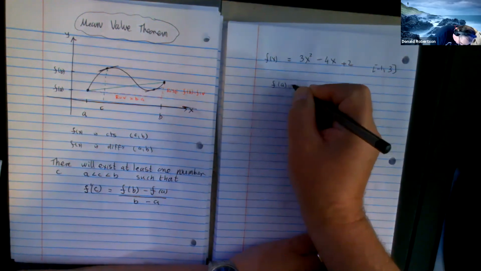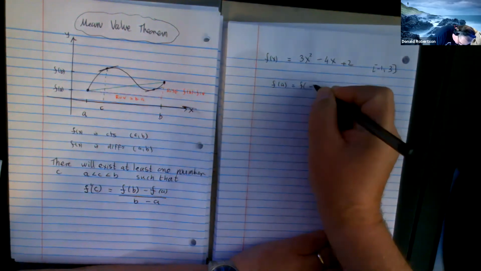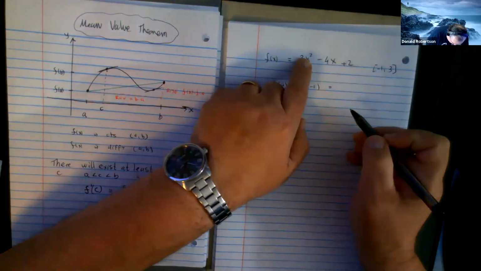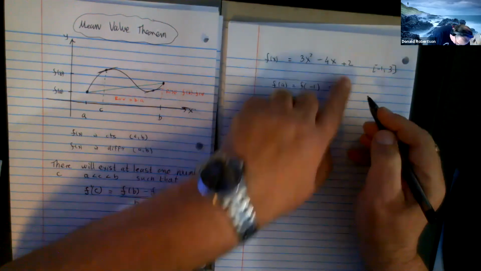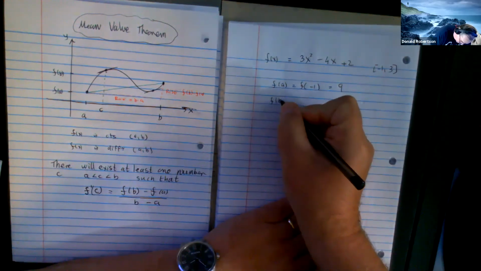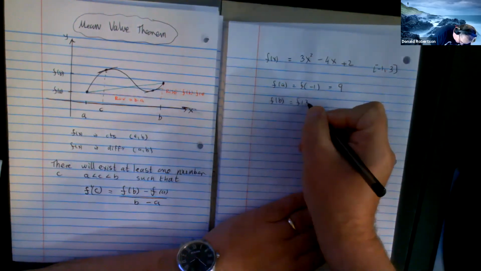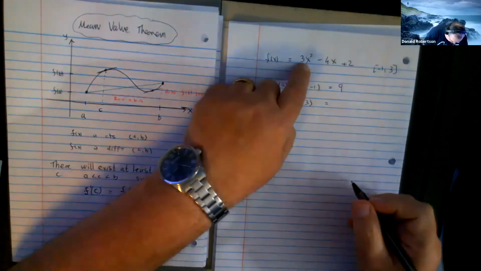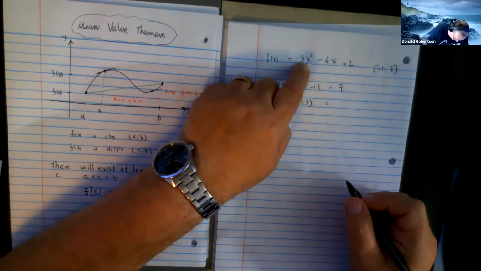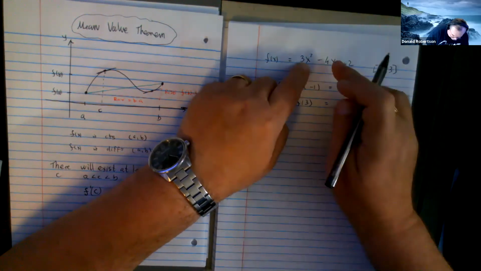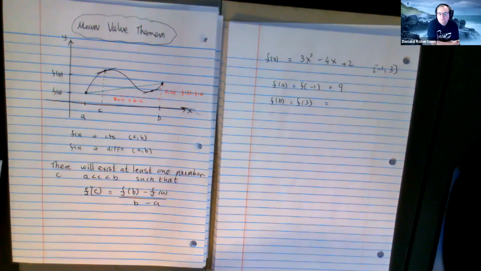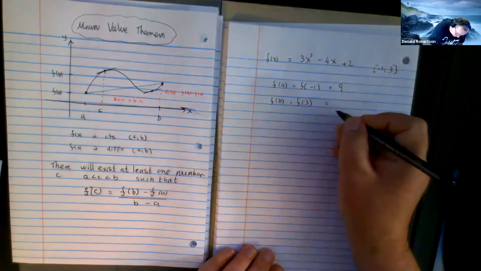F of A is the value of the function at -1. So that's 3, add 4, that's 7, add 2, that's 9. We find the value of the function at B, in this case 3. 3 lots of 3 squared is 27, add 2 is 29, take away 12, that's 17.